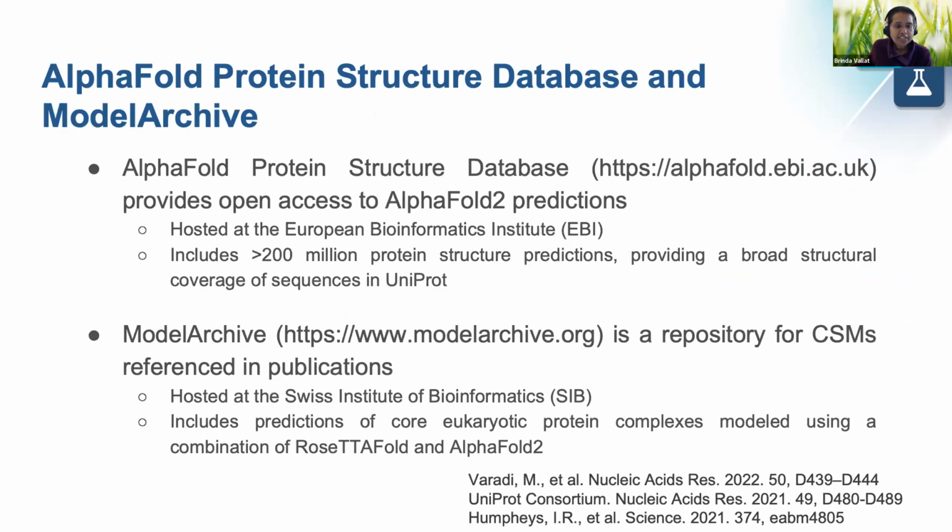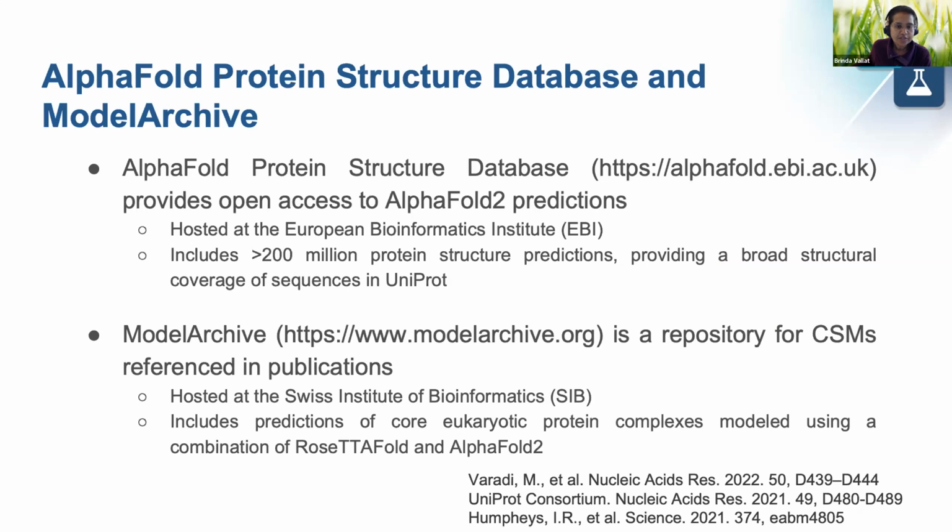The AlphaFold Protein Structure Database provides open access to AlphaFold 2 predictions. The database is hosted at the European Bioinformatics Institute and includes over 200 million protein structure predictions, providing broad structural coverage of sequences in UniProt. The Model Archive is a repository for computed structure models referenced in publications and is hosted at the Swiss Institute of Bioinformatics.